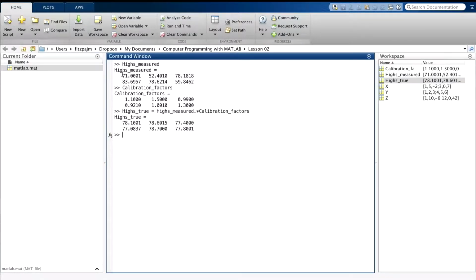If you look back at the original temperatures up here, 71, 52, 78, and 83, and so on, these are more reasonable down here, 78, 78, 77. They're just varying by a smaller amount. They're more reasonable because you wouldn't expect a wide variation over just a few square miles. The need for calibration like this is fairly common, and array multiplication makes it easy to do.